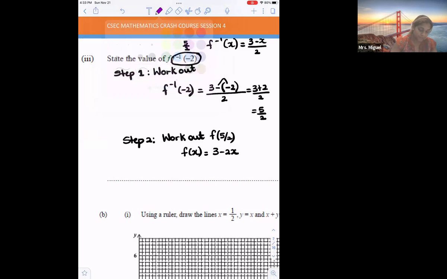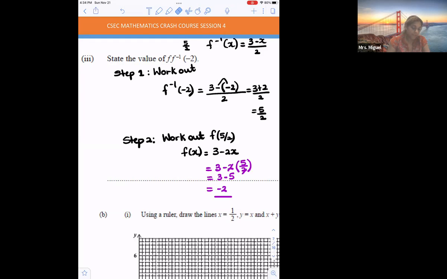All right, so the 3 stays the same, the -2 stays the same, and the x is replaced with 5 over 2. So here I will get 3 minus 5, which is -2. So whenever we have composite functions, we need to break it down into 2 parts. We work out the part closest to the number first, and then when we get that answer, we put it back into the first function.